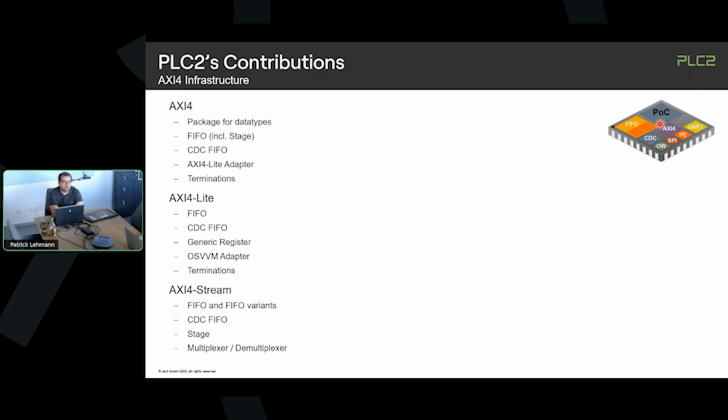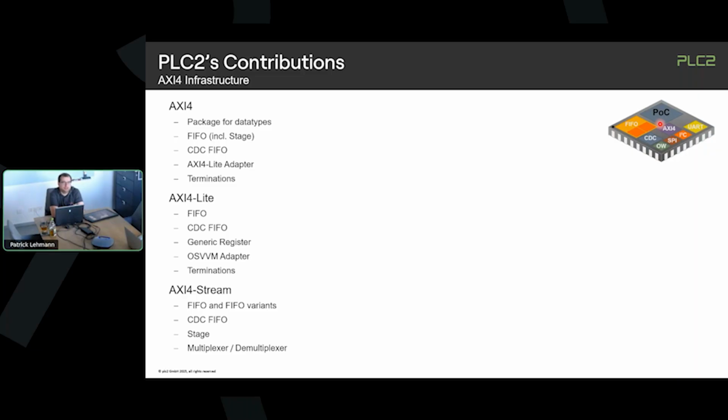Finally, for the AXI4 infrastructure, there's AXI4 Stream, again with FIFOs and different FIFO variants, like with the temp put and temp got feature set, so this temporary writing and temporary reading feature, CDC FIFO, of course, stages, and for the AXI4 Stream infrastructure, we also have multiplexers and demultiplexers when it comes to directing data streams in your design.